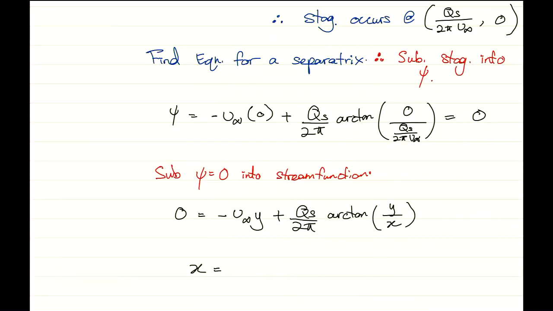So x is just going to be equal to y over tan of 2 pi u infinity y over qs.